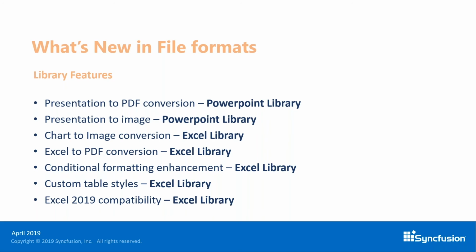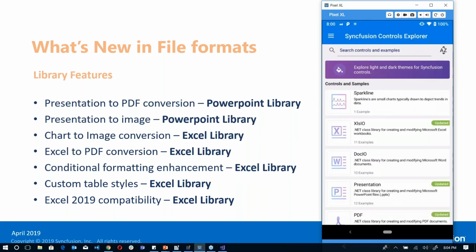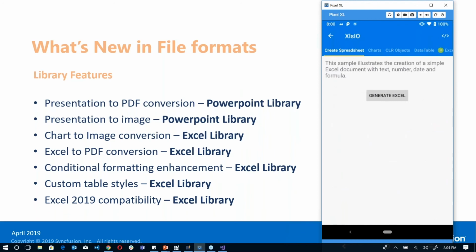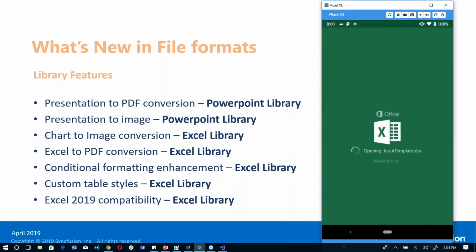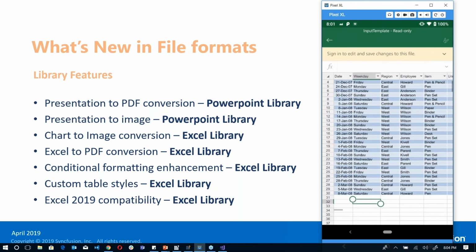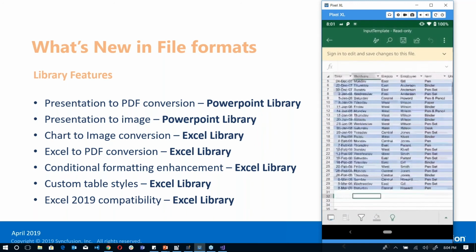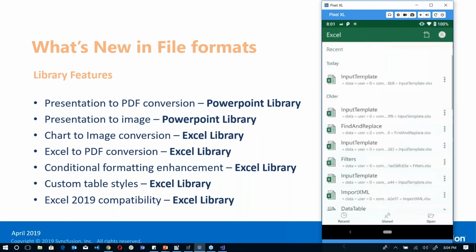Let me show you a demo of all these in our Xamarin platform itself. So let me show a demo with our XlsIO here. You can convert the Excel to PDF. See, here is a template of what I'm going to convert. So this is the template that I'm going to convert.